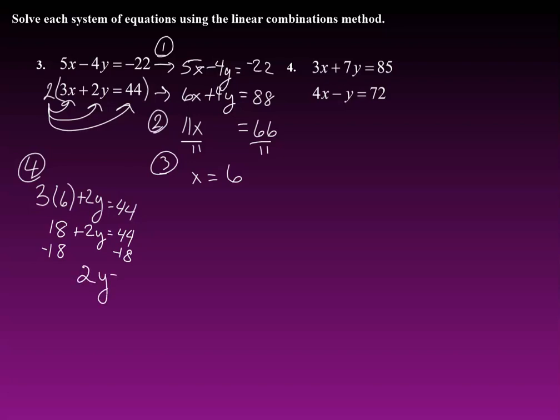So we get 2y is equal to 26. Now we can divide both sides by 2 and get y is equal to 13. And of course our last step is always to write things as an ordered pair. X is 6, so 6, comma, y is 13.